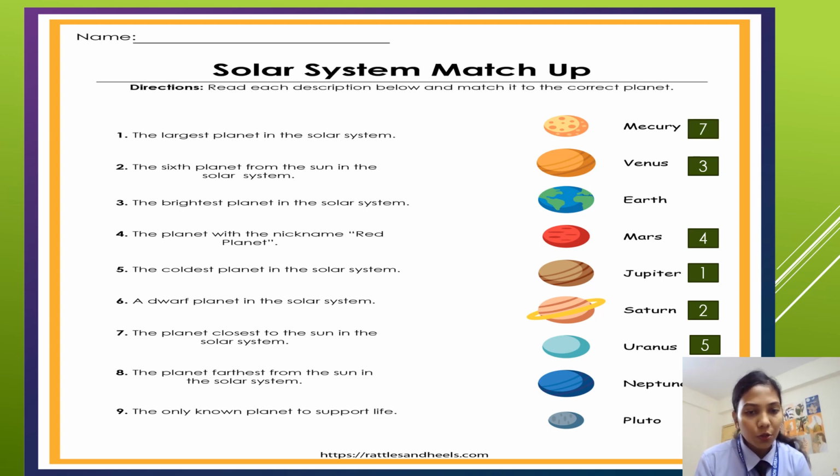The planet closest to the Sun is Mercury, and the planet farthest from the Sun is Neptune. The only known planet to support life is, very good, Earth.